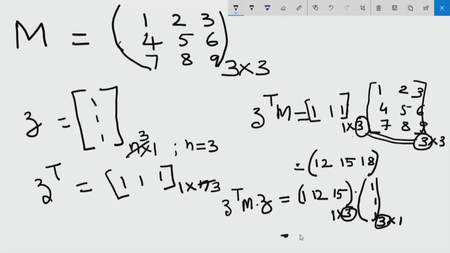On multiplying, we get 1 plus 12, 13 plus 15, that is 28. Sorry, there is a mistake. This is 12, 15, 18.